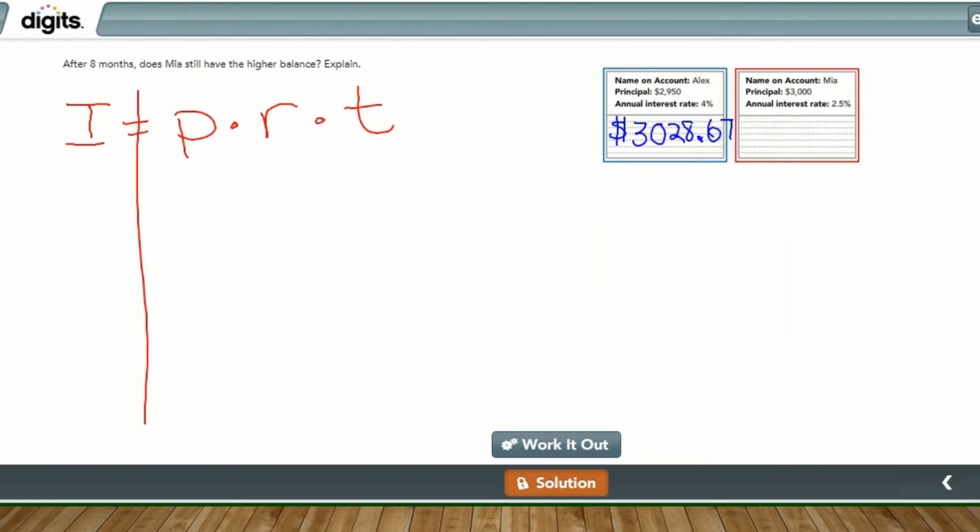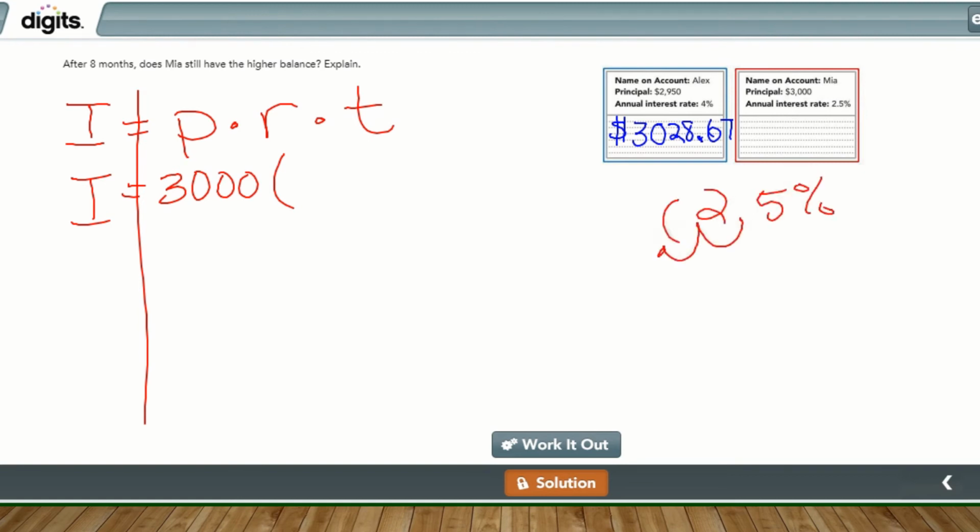We need to do the same thing for Mia. We're going to use our simple interest formula. The interest is unknown. Our principal for Mia is $3,000. Our rate is 2 and 5/10%, but remember to change that to a decimal. So our decimal form of 2.5% is 25 thousandths.